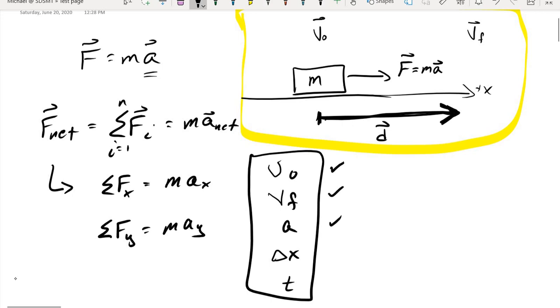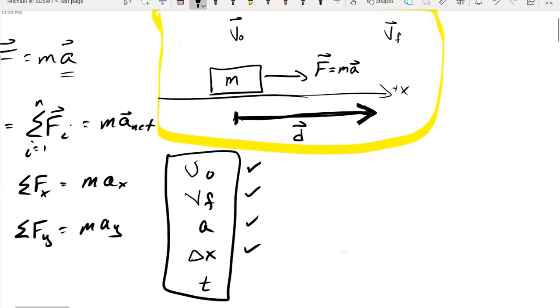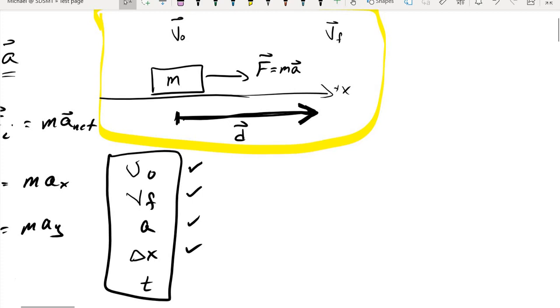And so I've got 4 of the 5 kinematic terms already on the screen. Of the 5 kinematic equations, each equation only has room for 4 pieces of information. Now I'm specifically leaving out the time, and I'll explain why a little bit later.